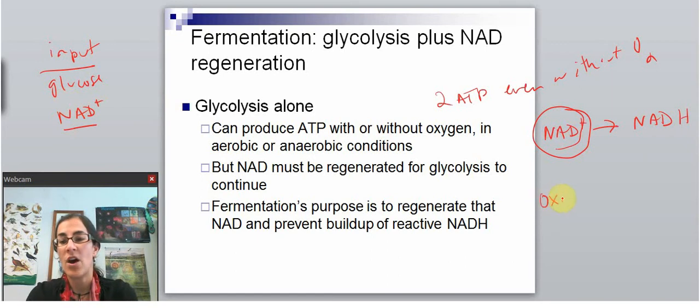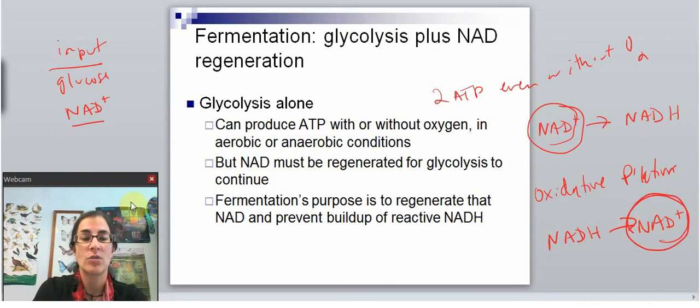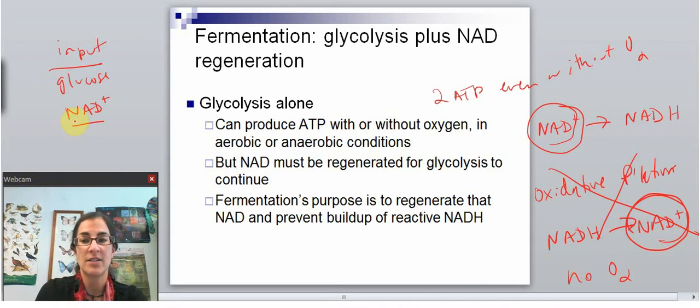Well, remember in the oxidative phosphorylation pathway, the NADH is converted back to NAD+. So in normal cellular respiration, this will go back to glycolysis. If oxidative phosphorylation is not occurring because there's no oxygen, then I'm not making the NAD+ that I need for glycolysis.